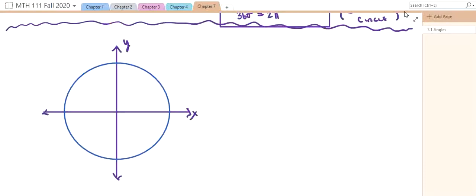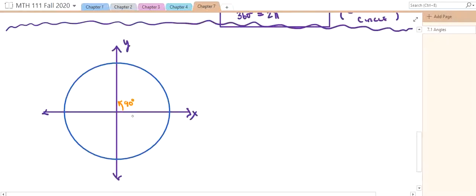So if that's the case, let's look at some important angles in a circle. Okay, so we know then that if there's 360 degrees in a circle, that if I go a quarter of the way, that's 360 divided by 4, or 90 degrees.